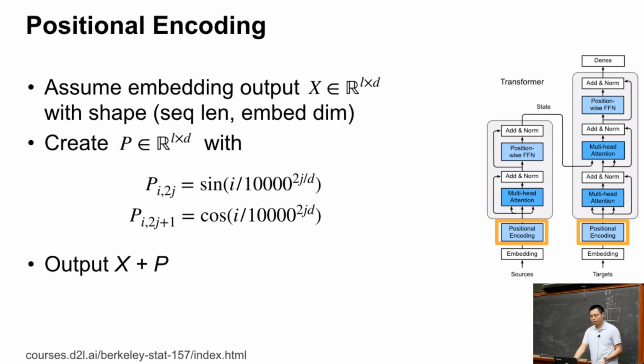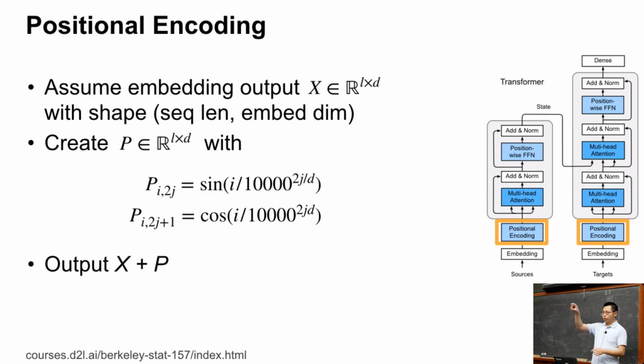Then we create a matrix P such that each element is different from each other, but you have some patterns here. It's sine and cosine, a little bit hard to understand, but in the following we will show how to visualize these results.